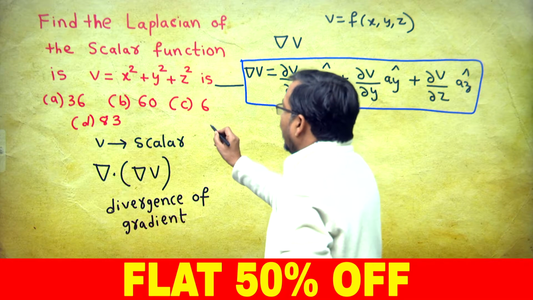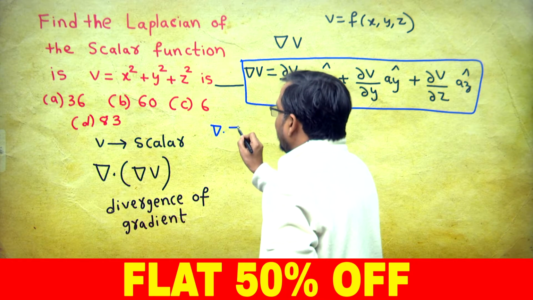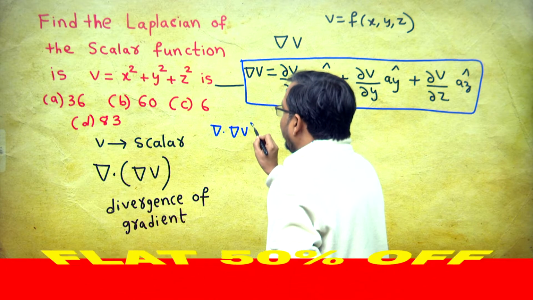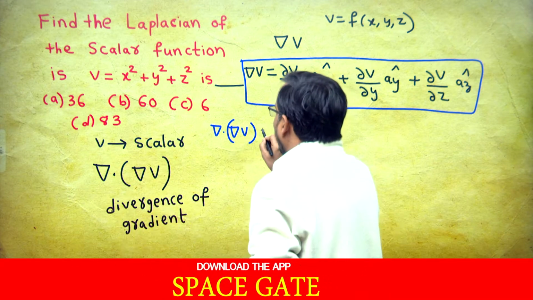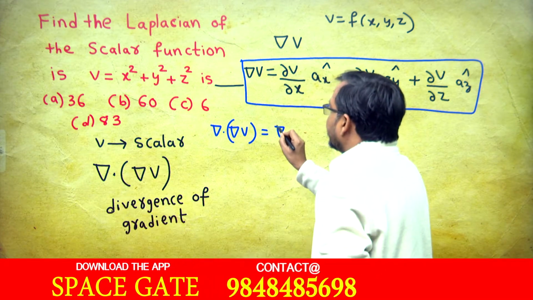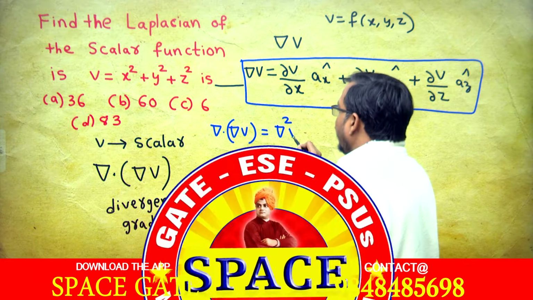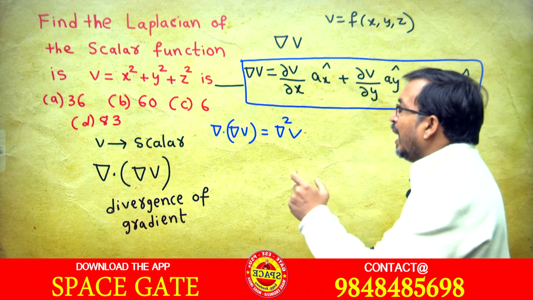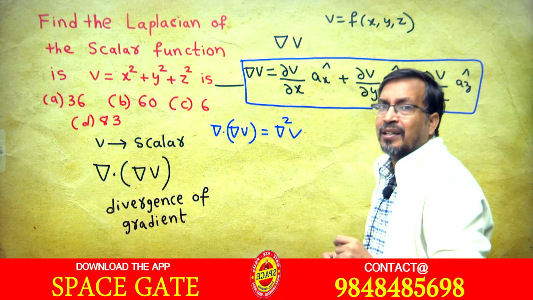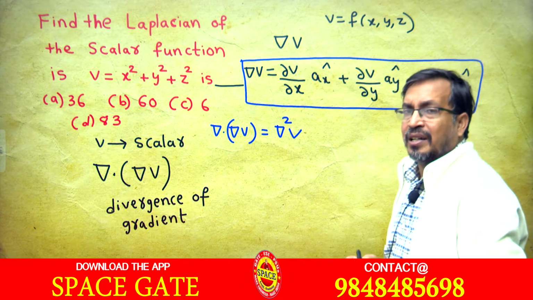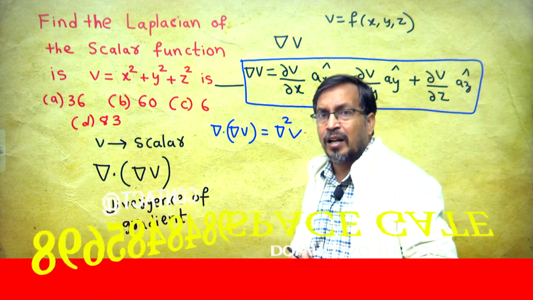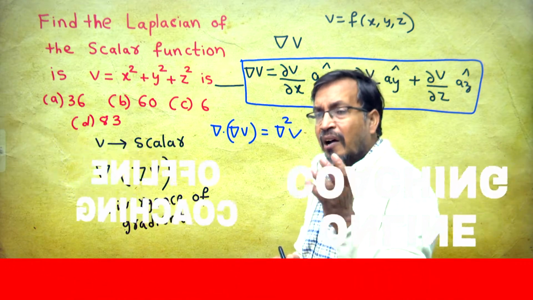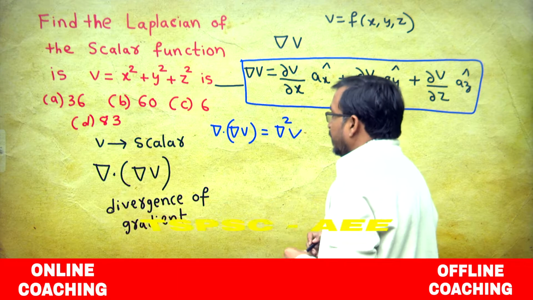So, del dot del v, divergence of gradient, I am writing as del square v. Del square v is known as Laplacian, a second order differentiation. Divergence of gradient is Laplacian.